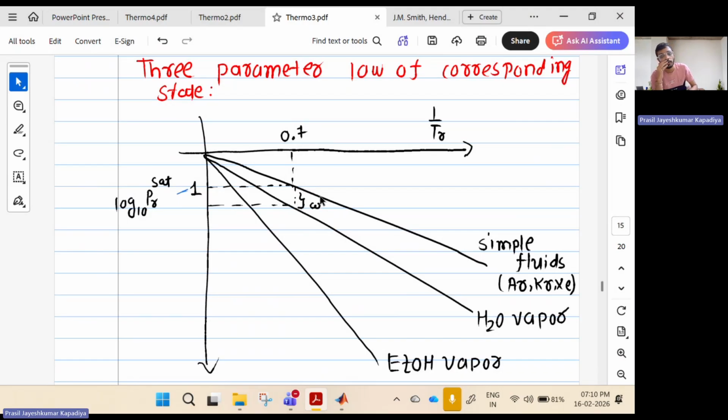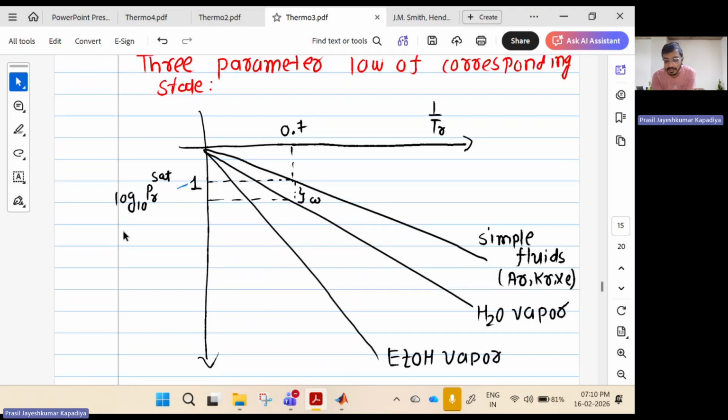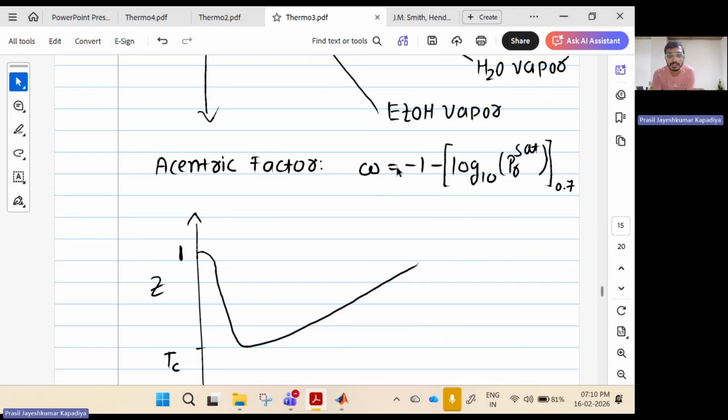If it were really following the two parameter law of corresponding states, then for all fluids we would have observed this one line, but that is not the true case. So this omega, the eccentric factor, is added. So how is omega calculated? Omega is nothing but -1 minus log 10 PR sat at TR equal to 0.7.